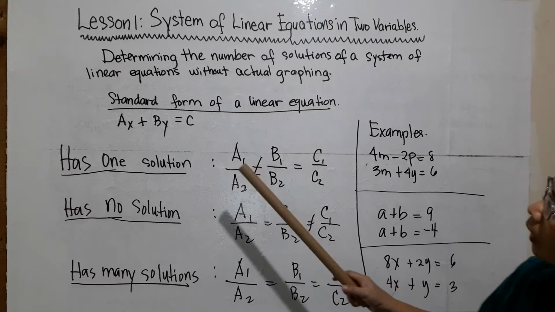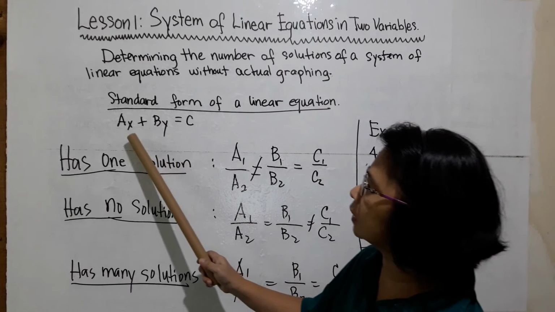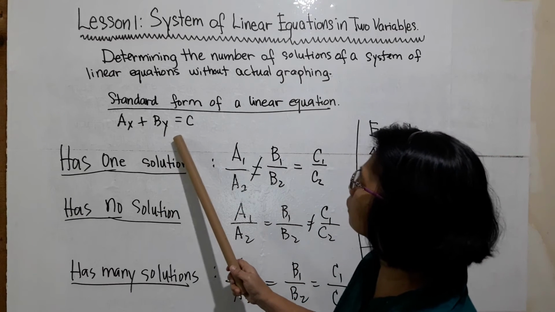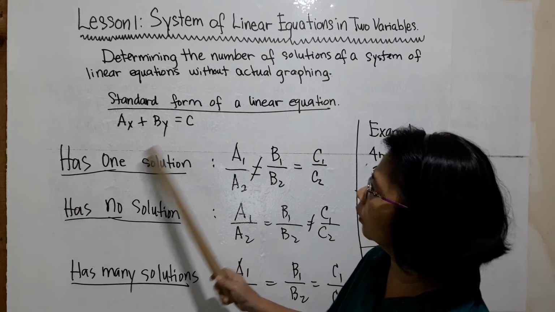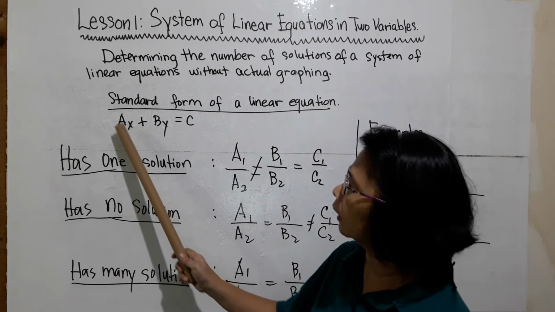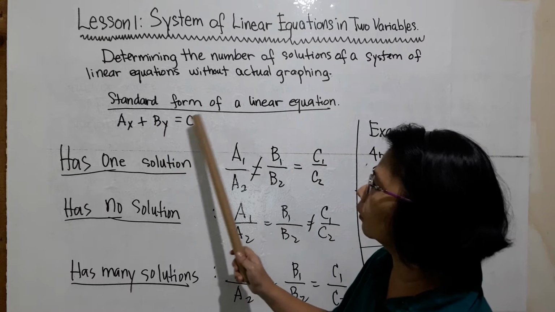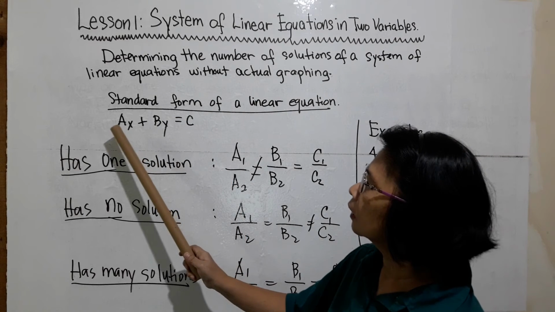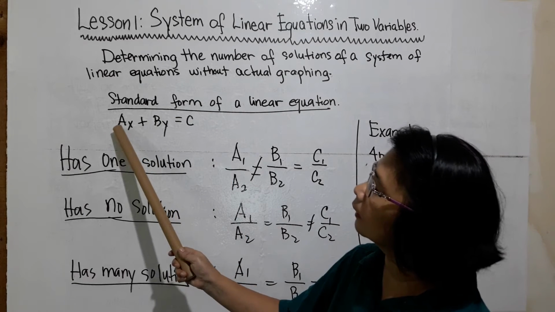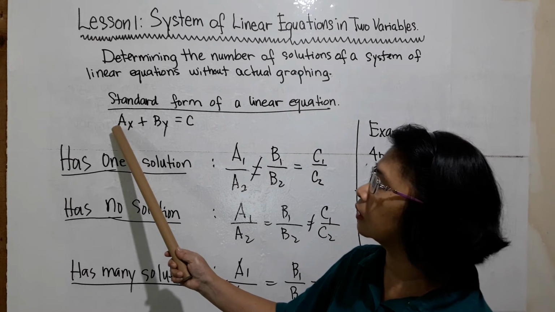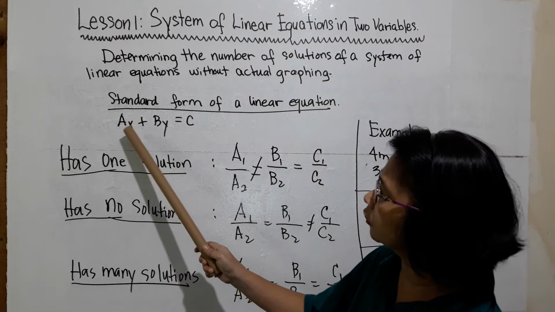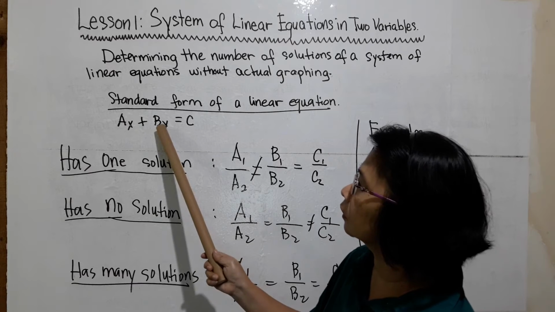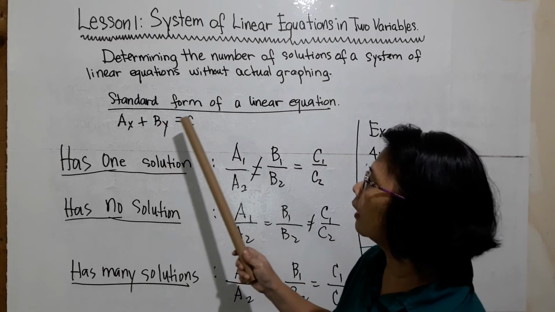Let us be guided by the standard form of a linear equation, ax plus by equals c. I want you to note the numerical coefficient of x, the first term, the numerical coefficient of the second term, and the constant.